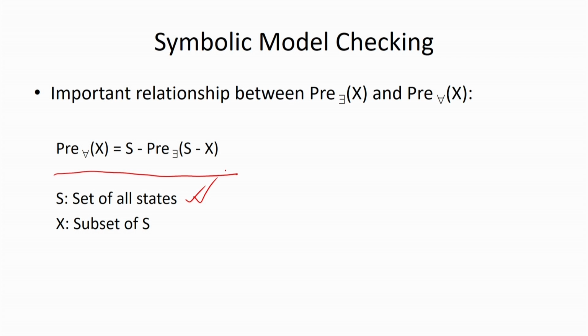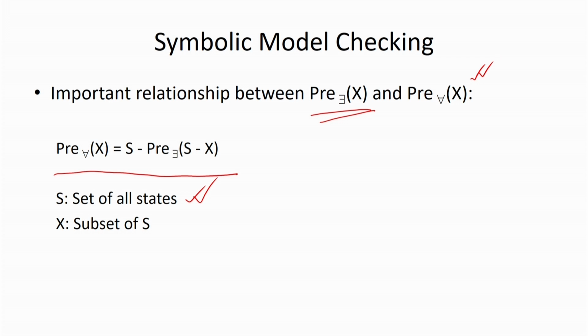In a transition system we have several states, we consider all the states and call this the set S, and x is a subset of S. Then we find the predecessors of those states which belong to x. So, if we have a method to find pre-exist x, then we can use it to find pre-forall x, using this relationship.